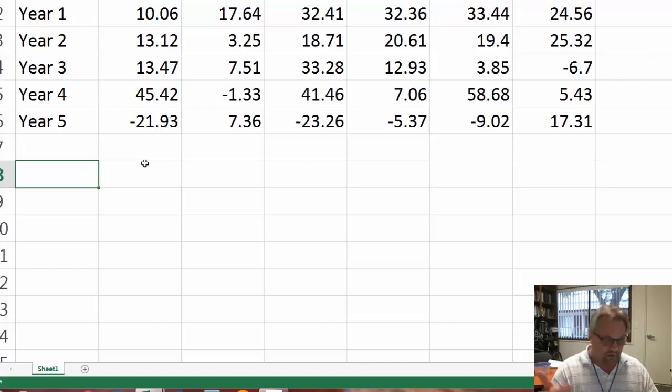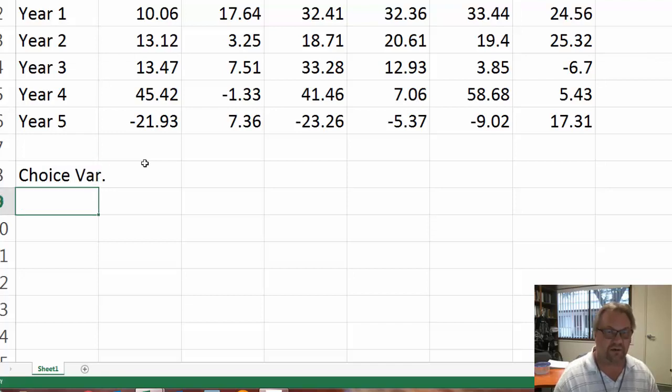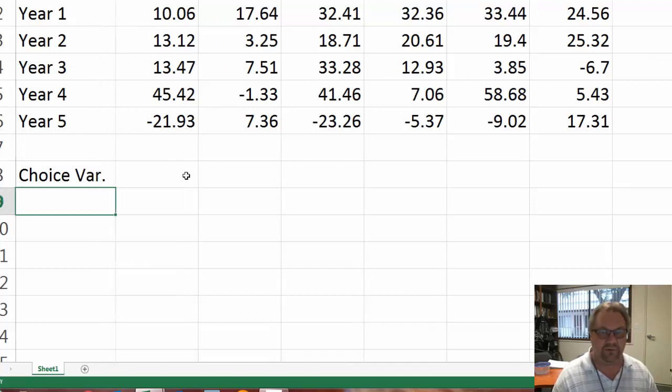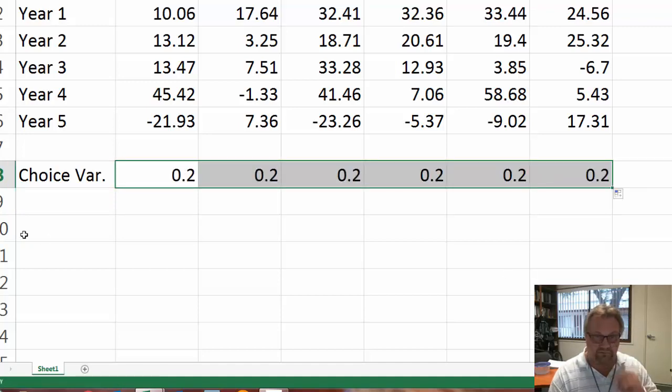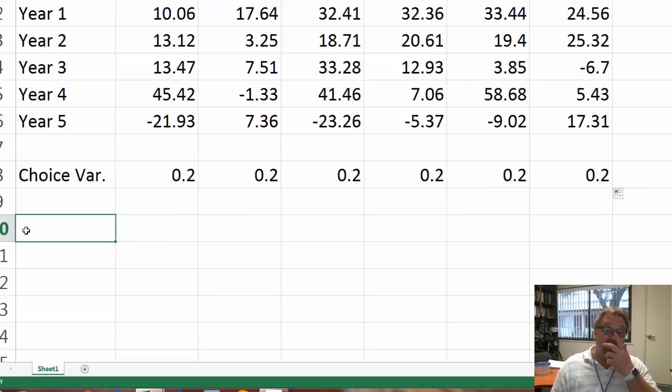Okay. So as always, we're going to get started with our choice variables. I mean, that's not going to change. And again, I'm just going to put in placeholders here. So copy this across. All right. And then the same thing is happening, right?